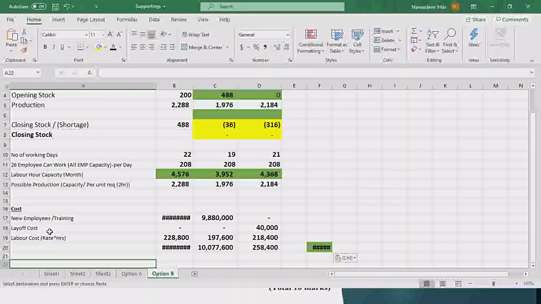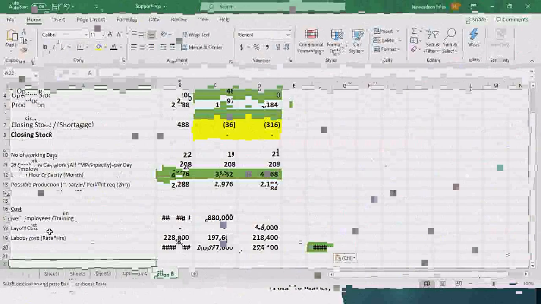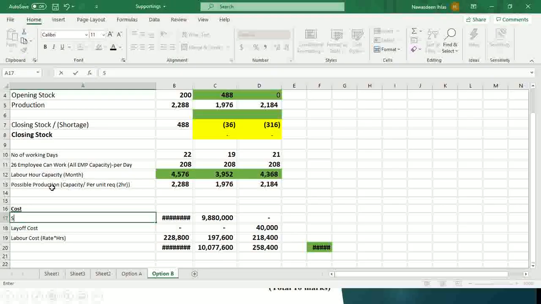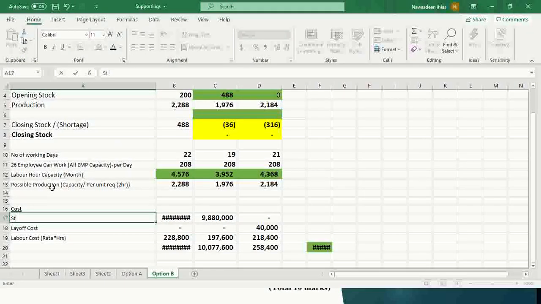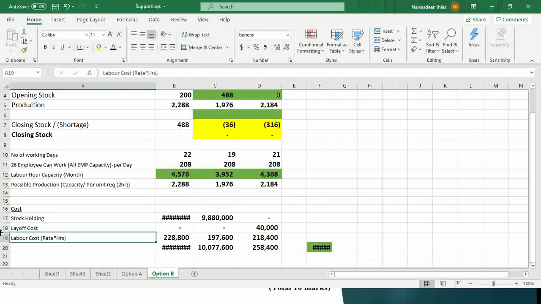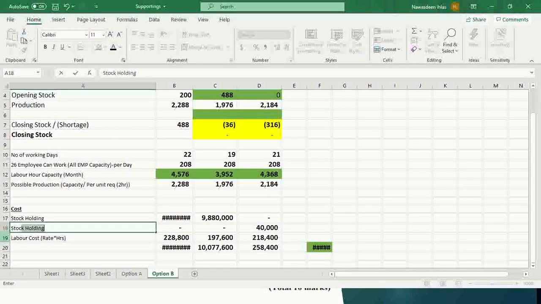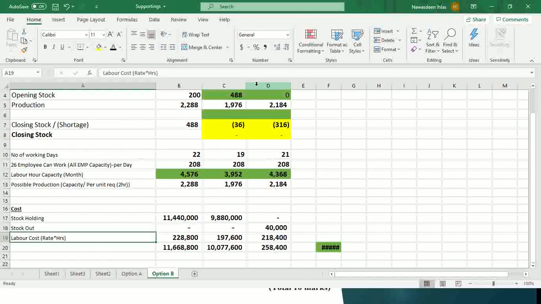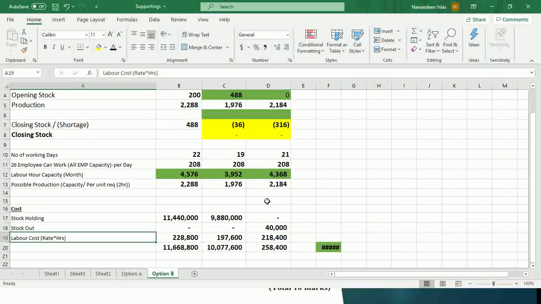In the second scenario, we are having stock holding cost and stock out cost. Right? And the labor cost will be similar.